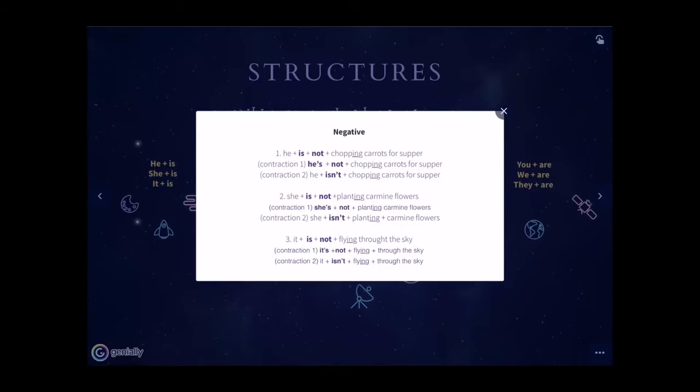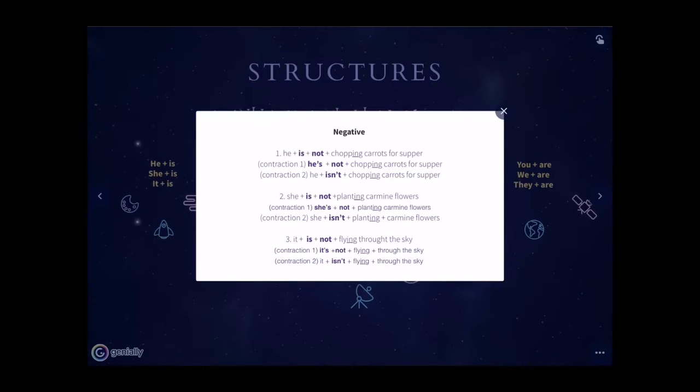We can make two types of contraction in the negative sentences. The first is he's, like the first contraction we saw in the affirmative sentences. It contracts the subject and the verb be, and is he's.